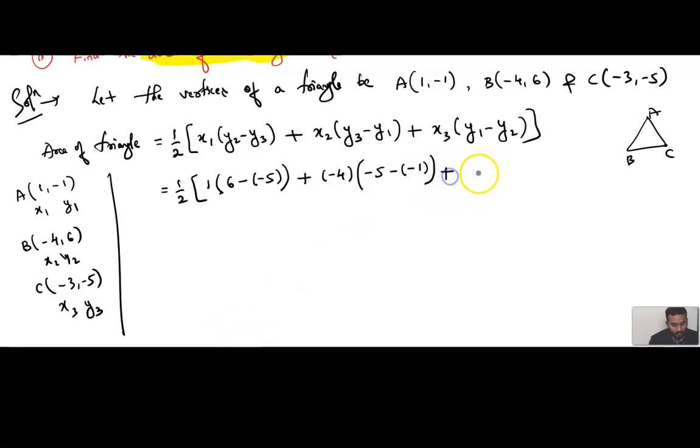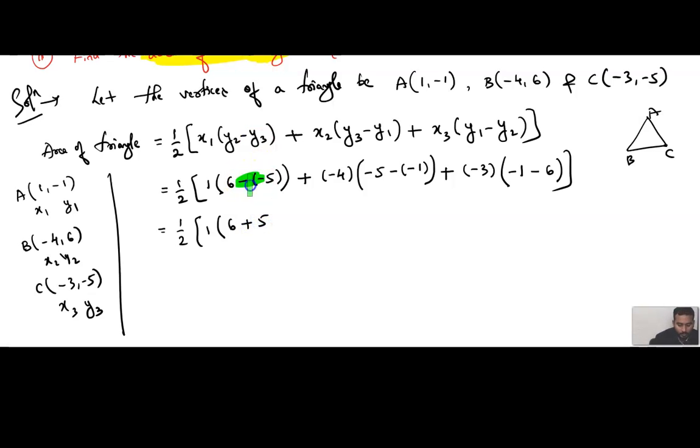Then plus x3, which is -3, written in brackets, into y1 minus y2. How much is y1? That is -1, and y1 minus y2 is minus 6... close the main bracket. Done. Is this clear? Now, let us solve step by step. Next, half into 1 into (6 minus minus 5), that is plus 5. Are you getting it, children?